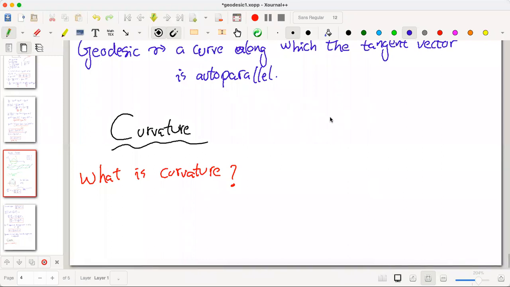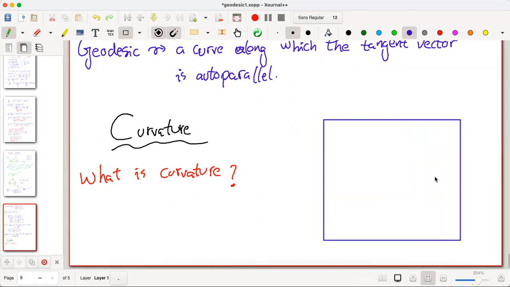For example, if you are drawing something in flat two-dimensional space, and you have a loop or closed contour, you can always bring your vector, transport it along this contour, and go back with the parallel condition.